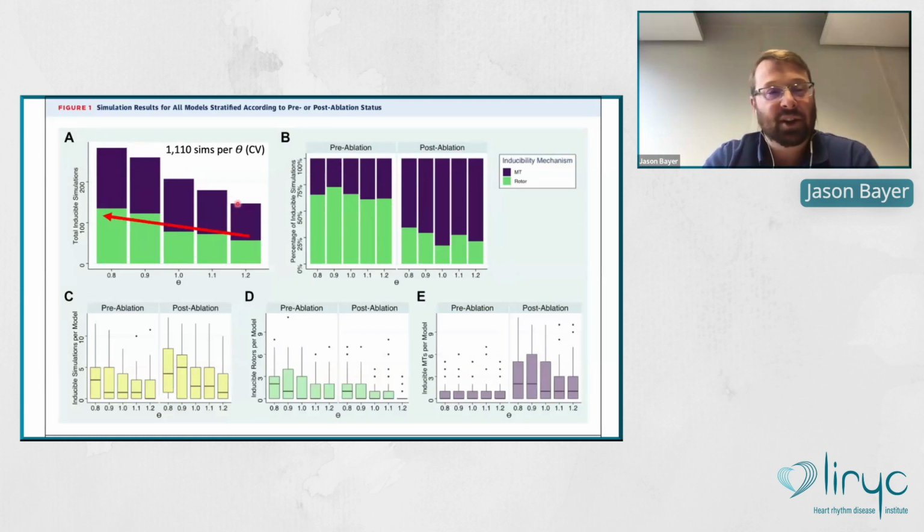The general observation is that as you reduce CV, you have more simulations with inducibility of rotors as well as tachycardia. The second thing, they then did it pre and post ablation, and they noticed that before the ablation procedure, amongst those inducible arrhythmias, most were rotors, but after the ablation, most were tachycardia.